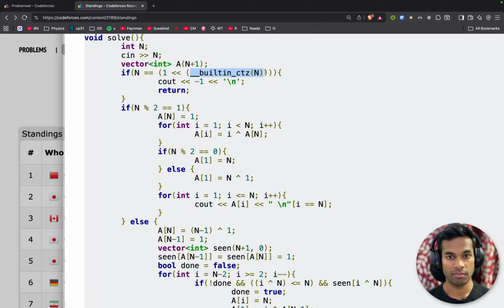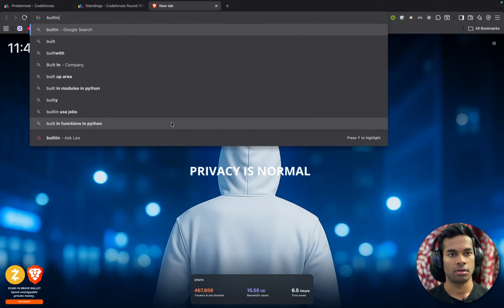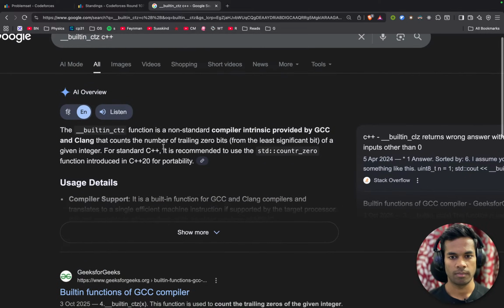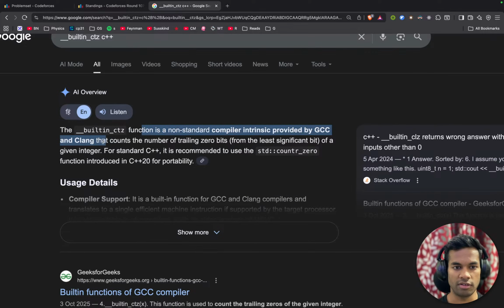Built-in CTZ. Wait, what is built-in CTZ? Built-in CTZ, C++ CTZ is a non-standard compiler intrinsic provided by GCC and Clang that counts the number of trailing zero bits from the least significant bit of a given integer.